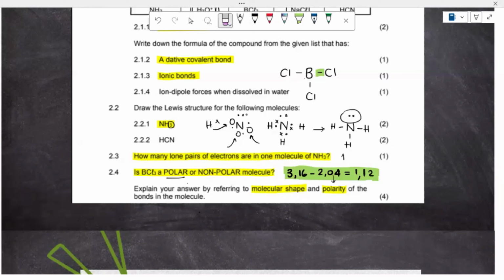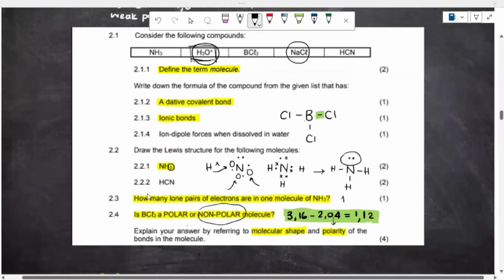If you need me to re-explain, I'm happy to do that. Just put it in the chat, but I am going to be moving on. Hopefully, just the idea that if you have a symmetrical shape, that means there's even distribution. Even distribution means that it's a non-polar molecule. Okay, cool. Thank you. So that's all I have for chemical bonding.